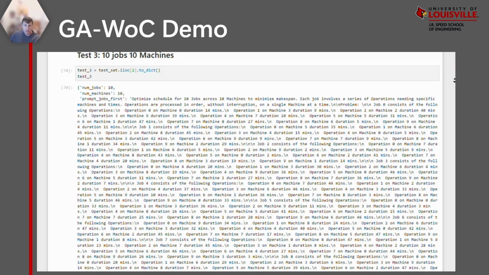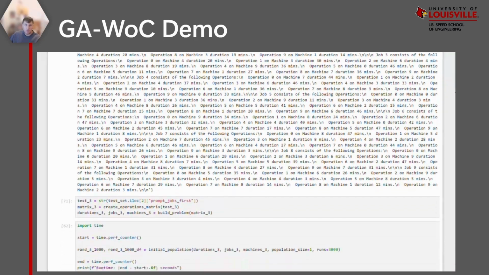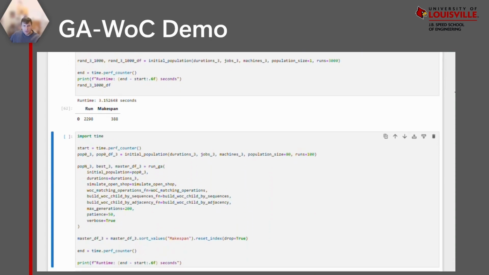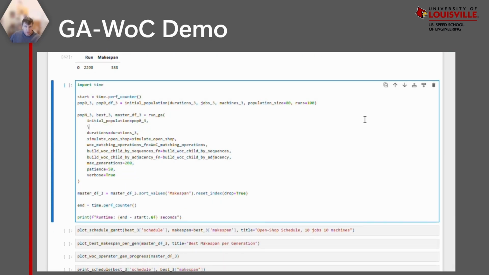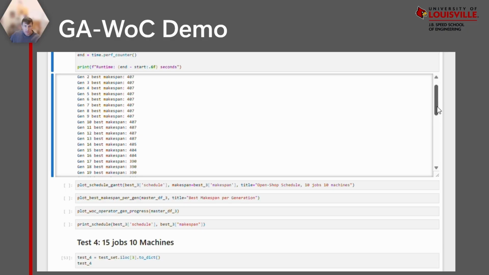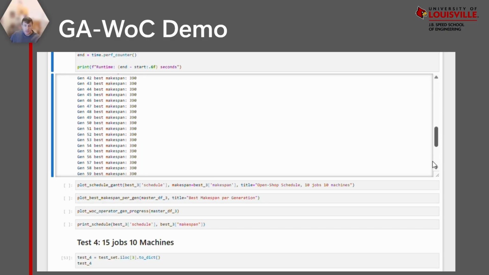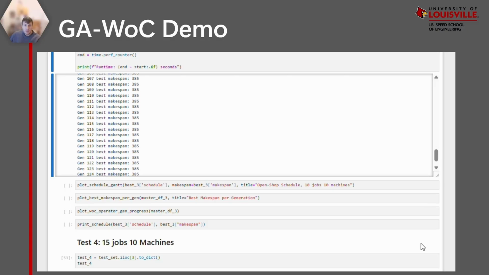Here is a demo of what we did. Just running the function, skipping ahead, this was for 10 jobs on 10 machines. It's going through, in this case, 200 generations, and it took about 20 seconds.